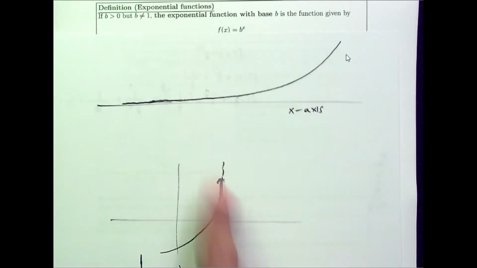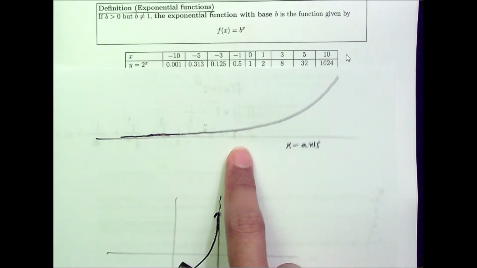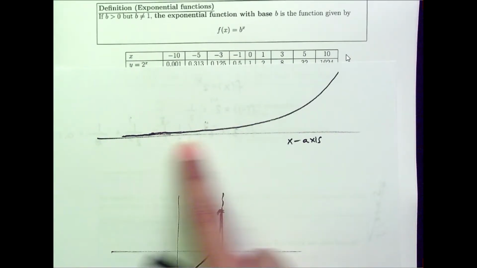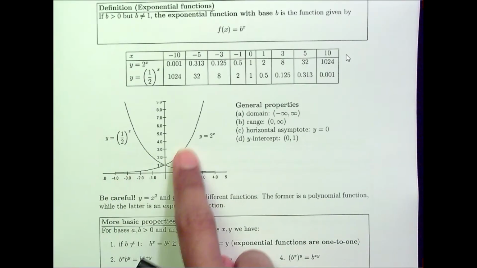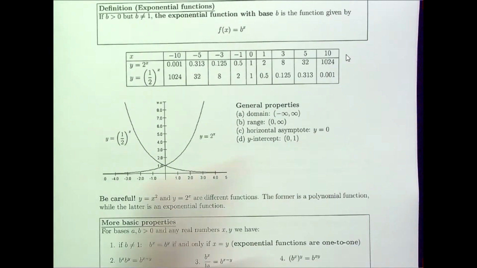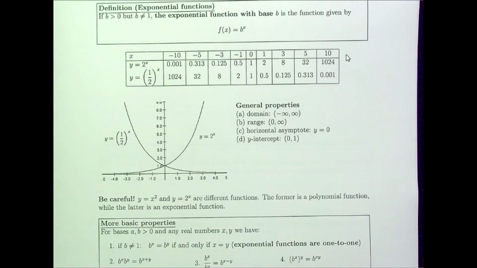So what I'm saying is all the exponential functions have a horizontal asymptote like that. The basic ones have the x-axis as the horizontal asymptote. But of course, if you take this function and you transform them by moving everything like by, I don't know, 7 units up, then the horizontal asymptote is not going to be the x-axis anymore.